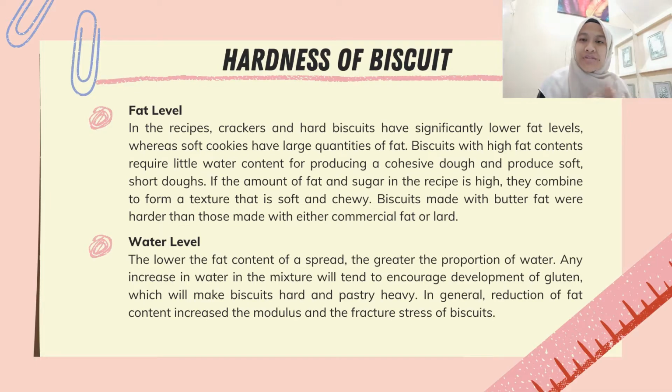If the amount of fat and sugar in the recipe is high, they combine to form a texture that is soft and chewy. Biscuits made with butter fats were harder than those made with either commercial fat or lard. So based on this point, we can conclude that the type of fat, and the amount of sugar and fat will affect the hardness of biscuits.